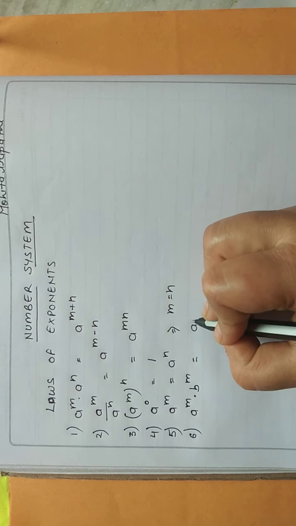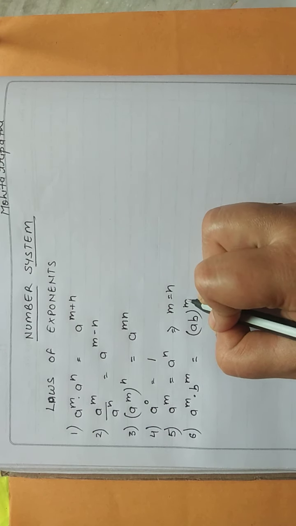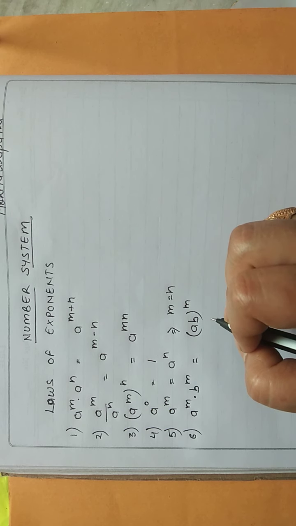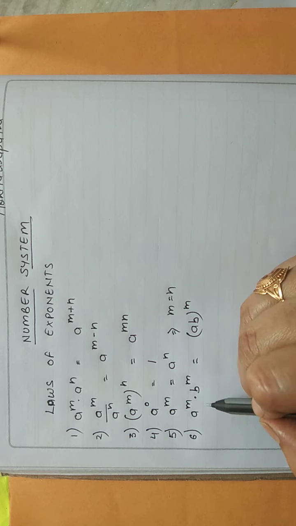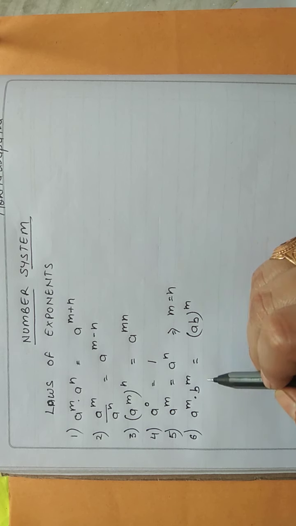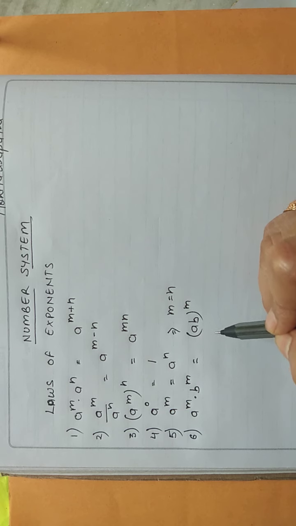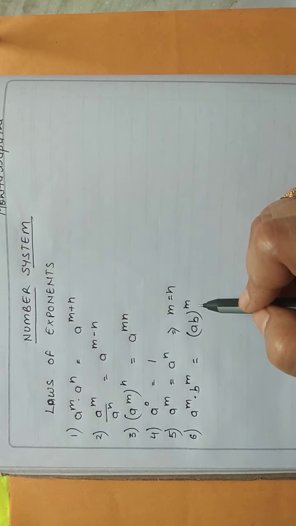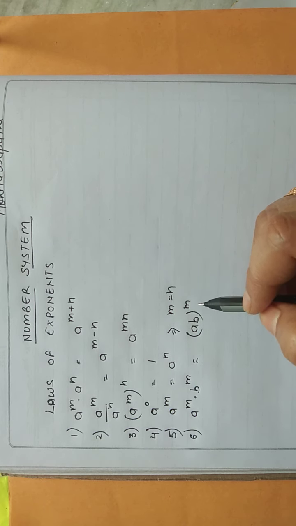In that case we will multiply the bases and raise to the whole power m. What it means is that when numbers with different bases but equal power are multiplied, the bases are multiplied with the same power. Power will not multiply, power will be same but base will be multiplied.